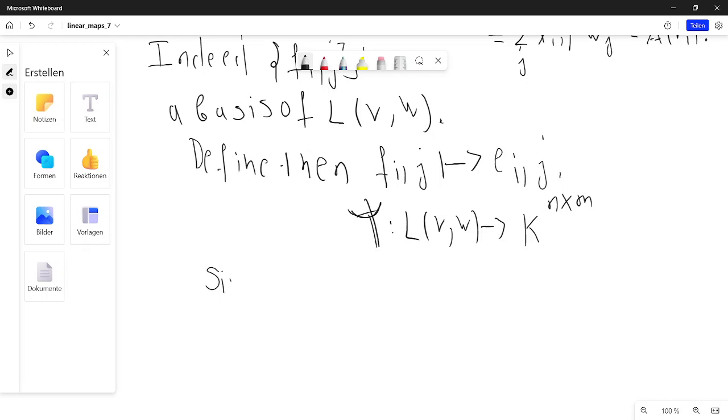Right, and well, I have to show that it is an isomorphism, but okay, we can't do it like that, sorry. We can't do it like that, but we can do a different thing. We know there is such a linear map, right? It's just that we specified the images of the basis vectors, right?